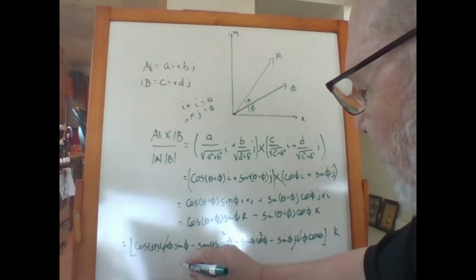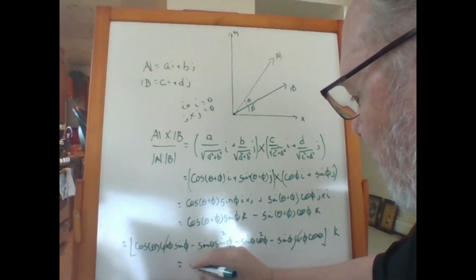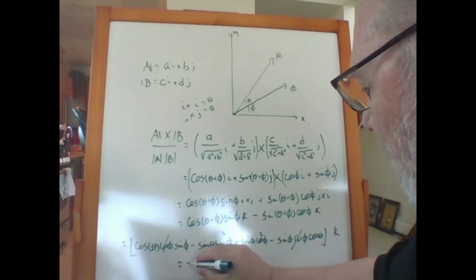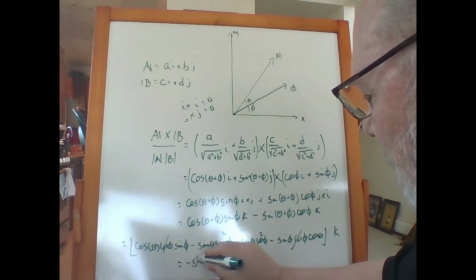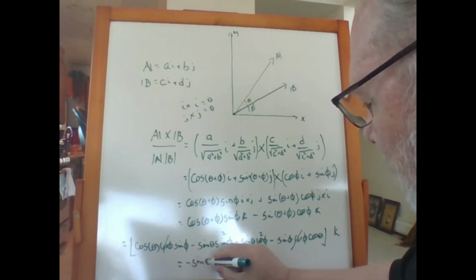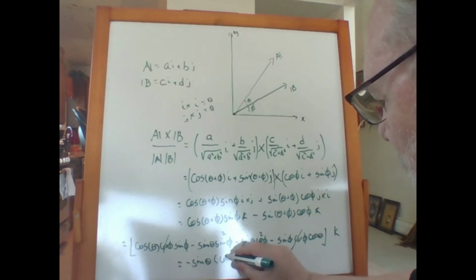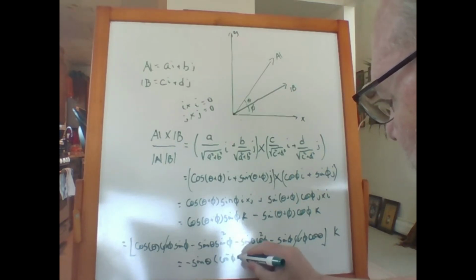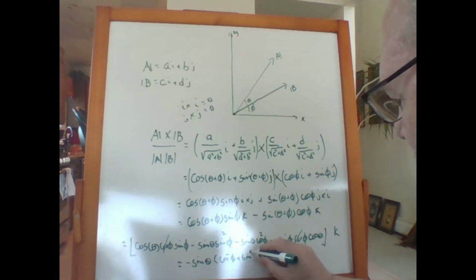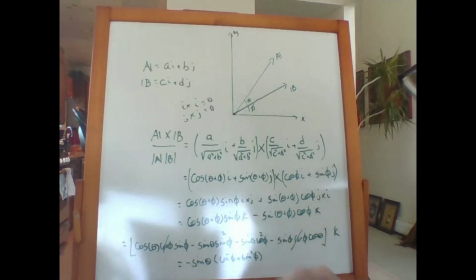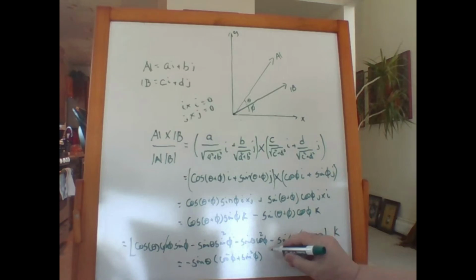So we end up with minus sine theta times cos squared phi plus sine squared phi, and we know what that is. That's 1 in the k direction.